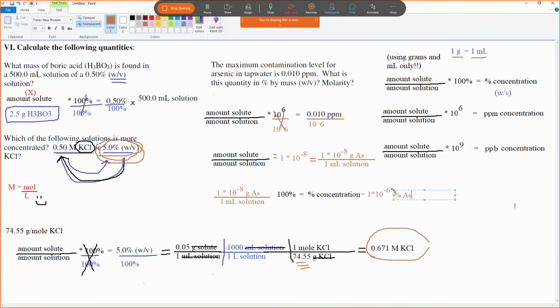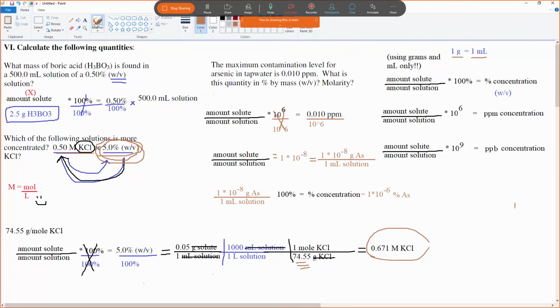You can kind of see why we use parts per million, because you're like, whoa, I don't want to use percentages. It's such a tiny number. I don't like exponents. It's nice to just have a value that I don't have to worry about scientific notation in. But that's the percentage. Does that make sense how I got there?